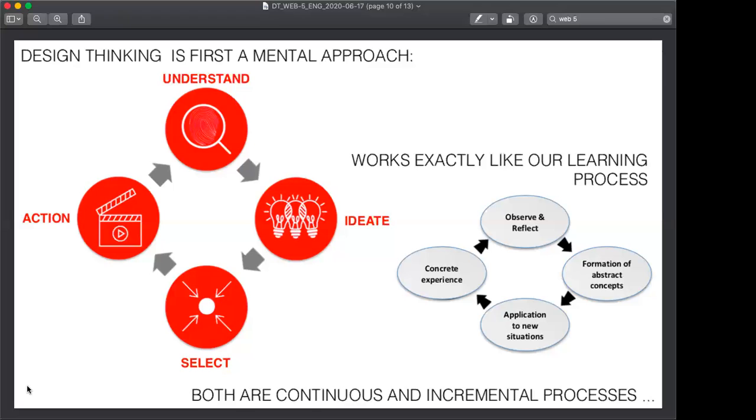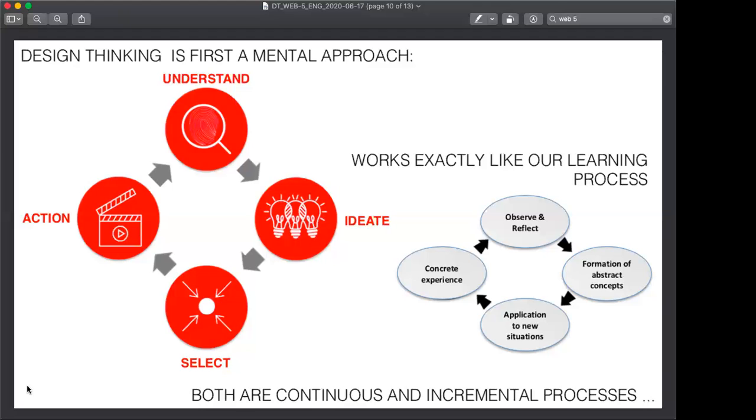Of course, if you research design thinking phases on the internet, you can find different approaches and also a different number of phases in the design thinking approach. Why? Because design thinking is a mental approach and is like, let me say, an open source approach, because it is adaptable to different situations.